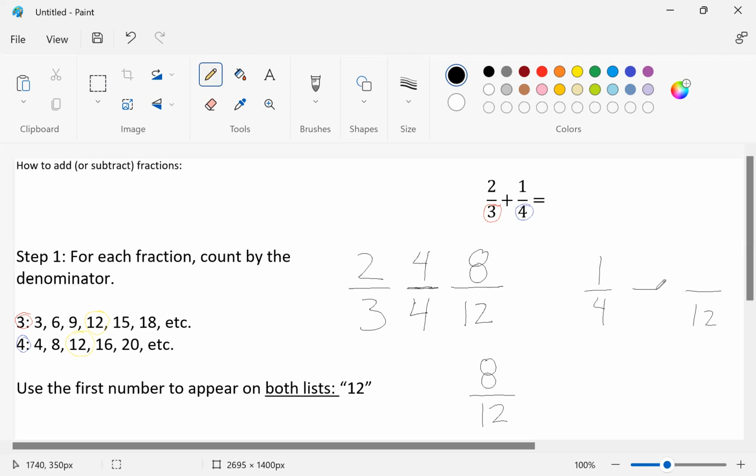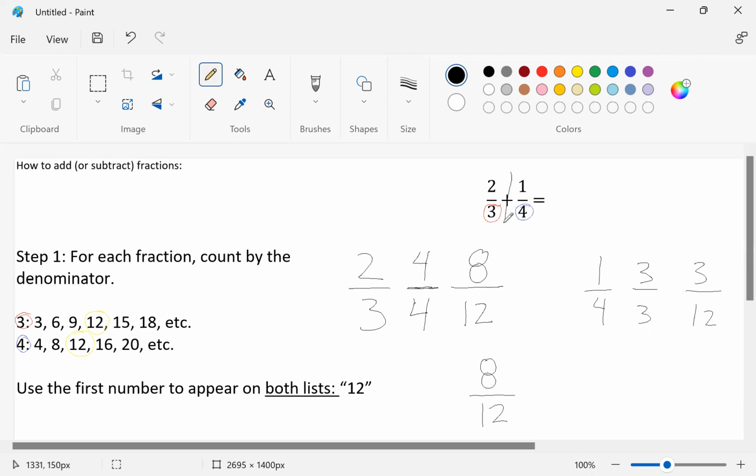Okay, well, 4 times something equals 12. 4 times 3 equals 12. So if I'm going to multiply the denominator by 3, I need to multiply the numerator by 3 so that my value stays the same. I had 1/4, and that has the same equivalent value as 3/12. 1 times 3 is 3.